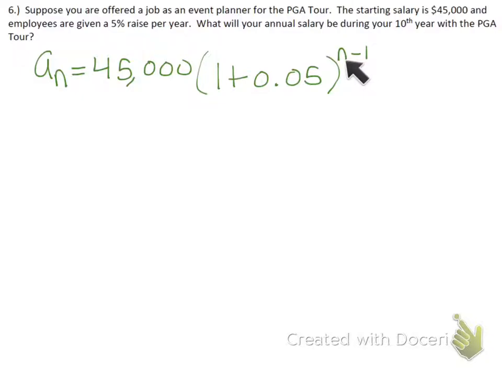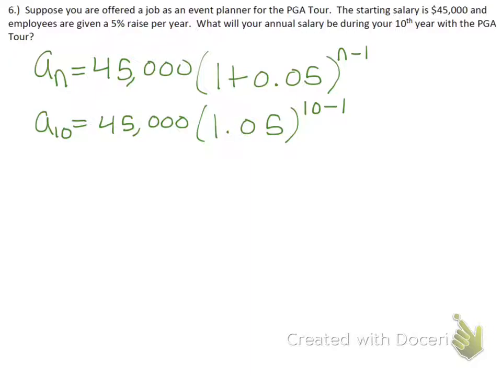Well, that's because the $45,000 is the first year, and you only receive increases in your salary after year 1, so it's not to the nth power, but to the n-1 power. When we go ahead and plug in 10, because they want to know the 10th year's salary, it looks like this, and then you can type that into your calculator to figure out that you would earn almost $70,000 the 10th year on the PGA Tour.